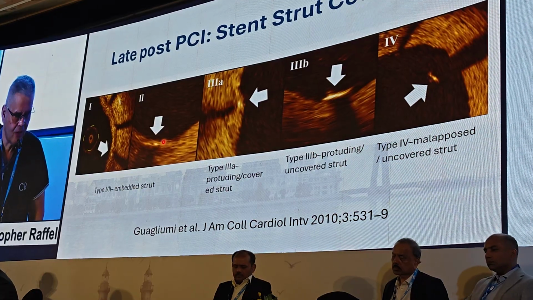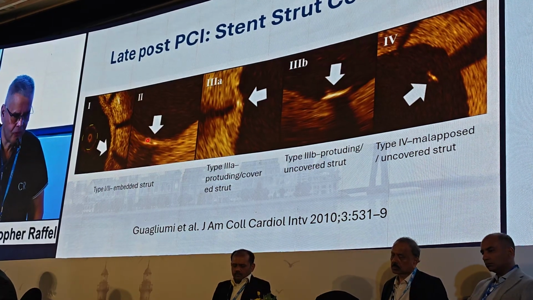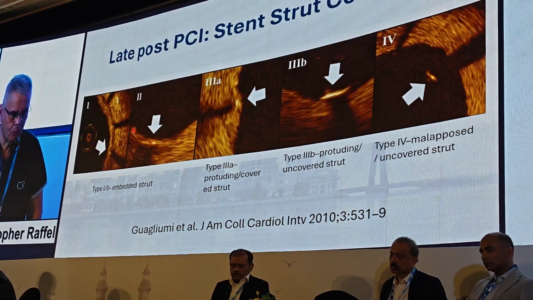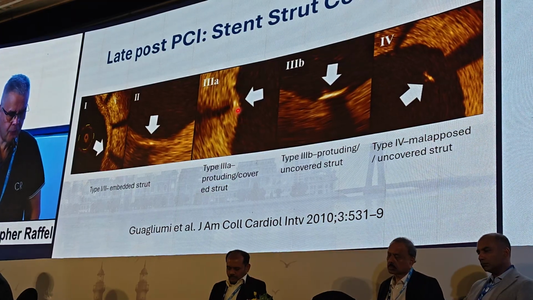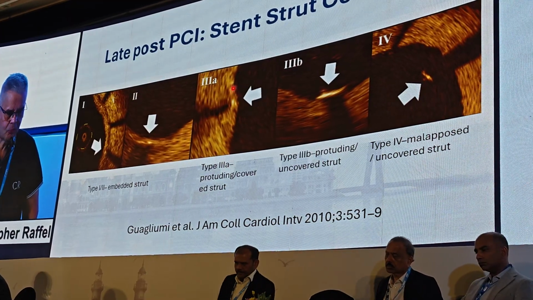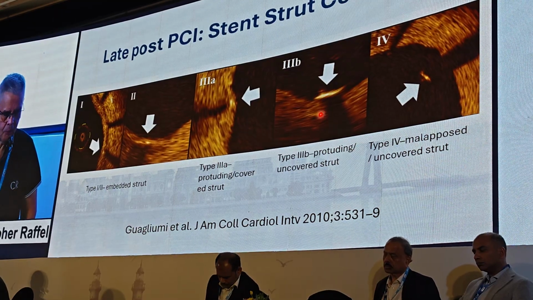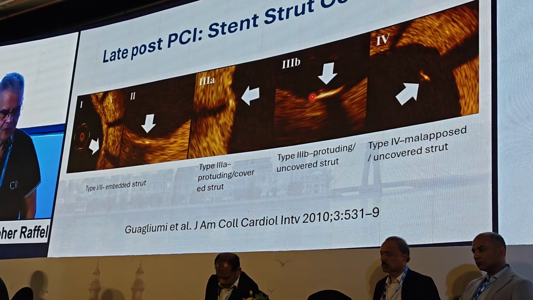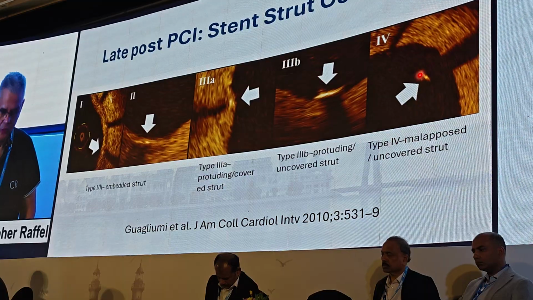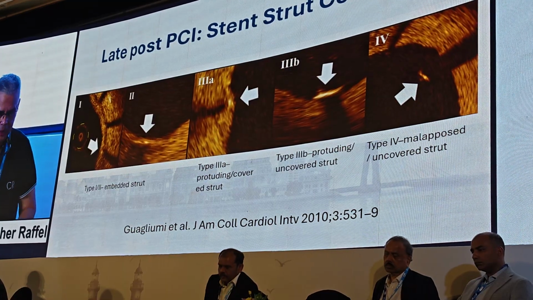An embedded stent with nice coverage, where it's flat and linear along the vessel wall. A protruding stent that still has a bit of covering. A protruding stent which is uncovered, and a malapposed stent. So various nomenclatures of stents.